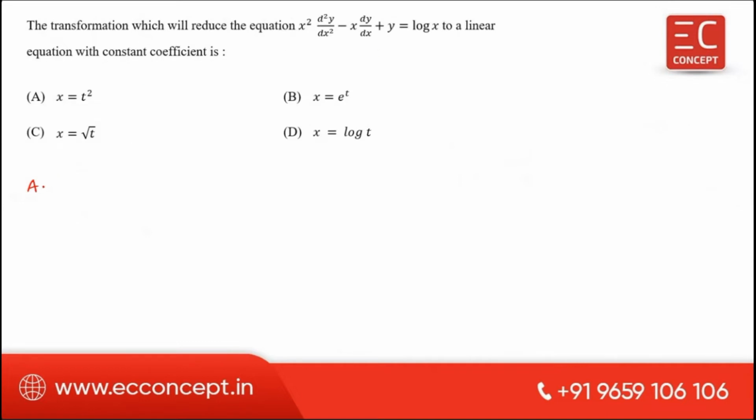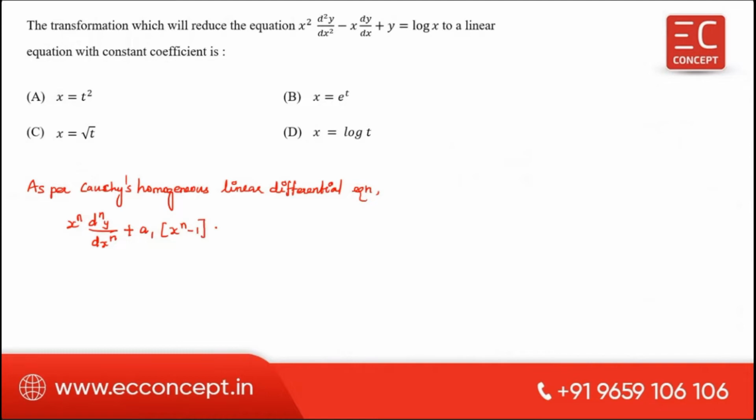As per the homogeneous linear differential equation, we can write this as x power n into d power n y divided by dx power n, plus the constant coefficient a1 into x power n minus 1 into d power n minus 1 y divided by dx power n minus 1, plus a2 into x power n minus 2 into d power n minus 2 y divided by dx power n minus 2, plus etc., an y, which is equal to q.